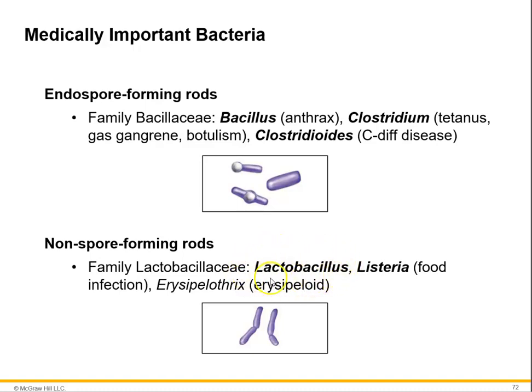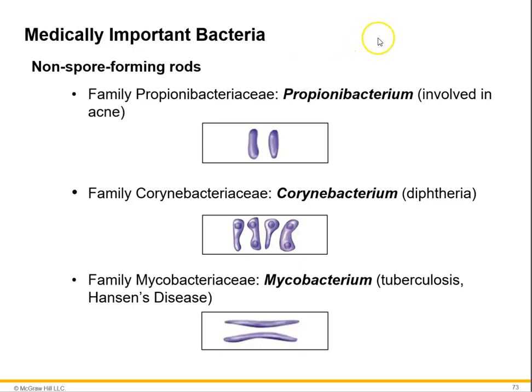This is actually one of the helpful bacteria in our body. We'll talk about Listeria, which can cause food poisoning. You have bacteria involved in acne, the cause of diphtheria, and then Mycobacterium, the cause of tuberculosis, and Hansen's disease, which is also called leprosy.